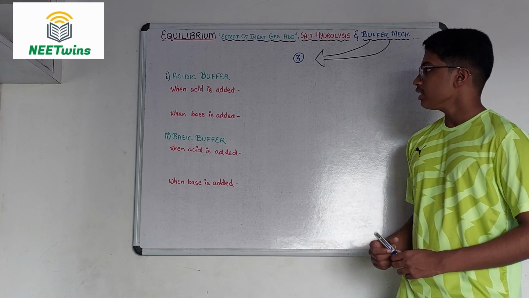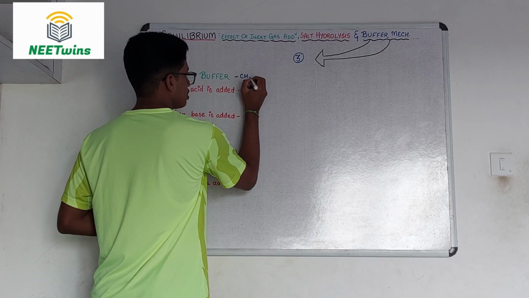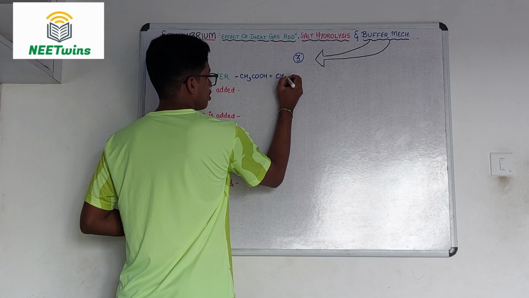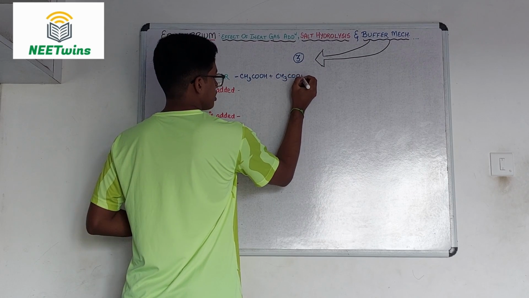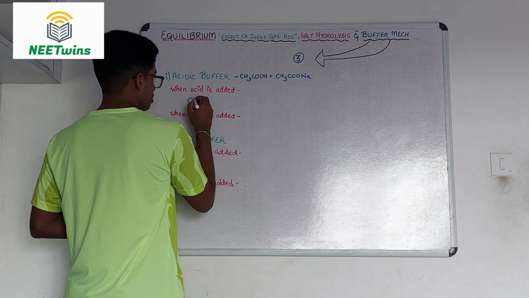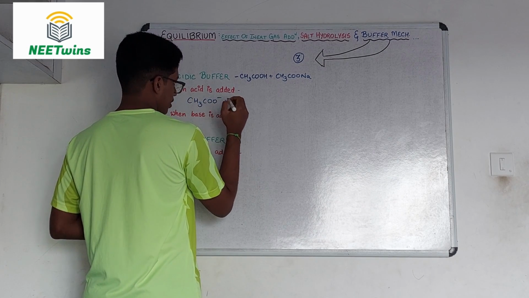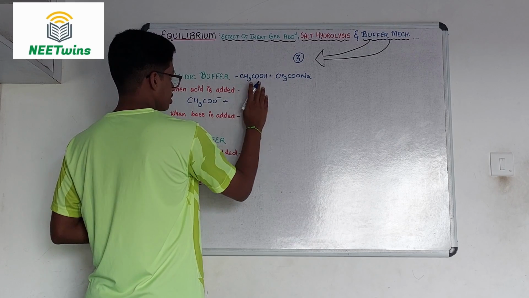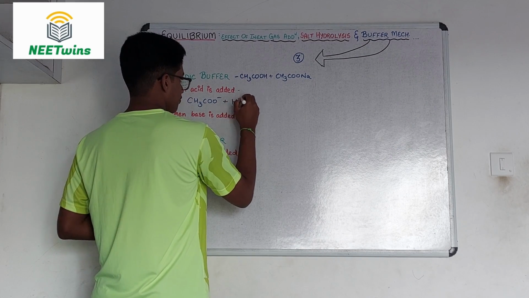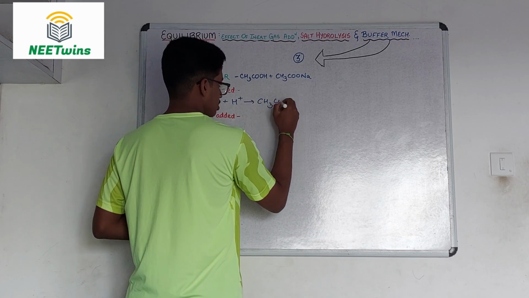So let's consider the simple case of an acidic buffer, that is CH3COOH and its salt with strong base, that is NaOH, that is CH3COONa. So what happens when acid is added to this? When acid is added to this, the CH3COO minus ions that are present in solution due to weak ionization of this and this also combine with H plus to give CH3COOH.